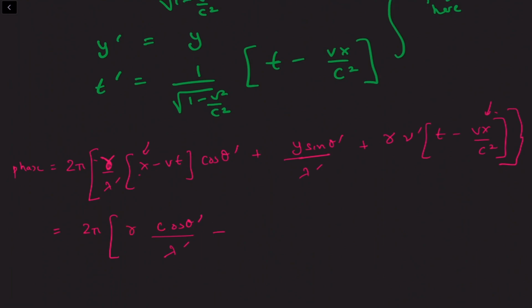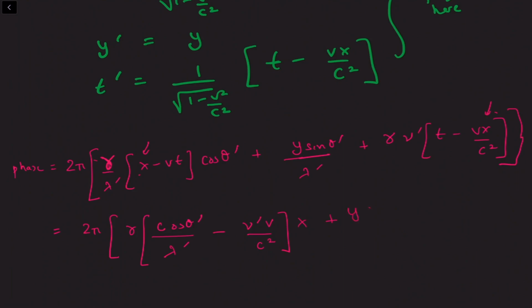So gamma cosine theta prime lambda prime minus nu prime v over c squared, and then times x plus, now we'll collect the terms with y.